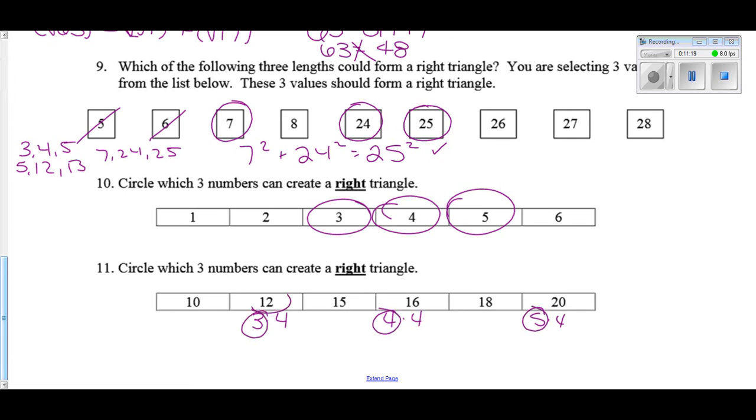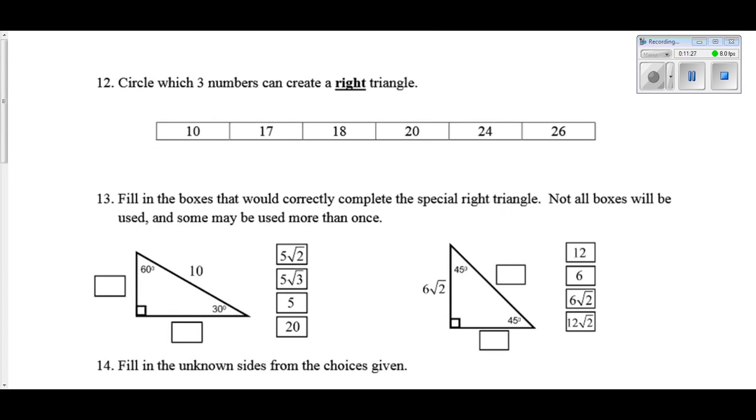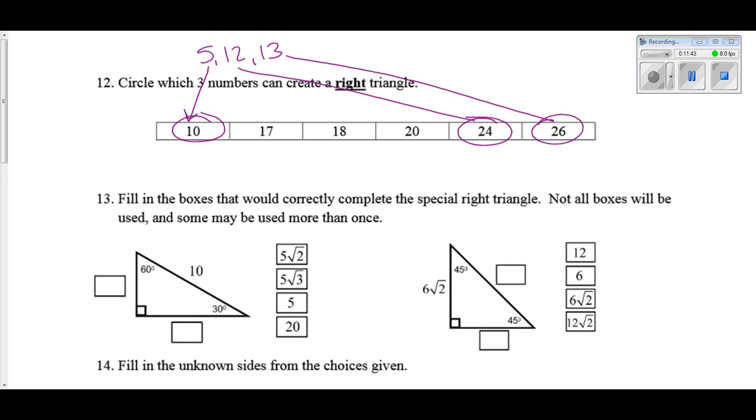So this is a 3, 4, 5 special right triangle. Another special right triangle. We know 5, 12, 13 is one of our special rights. 5 times 2 gives me 10. 12 times 2 gives me 24. 13 times 2 gives me 26. Remember these Pythagorean triples, it'll make things easier.